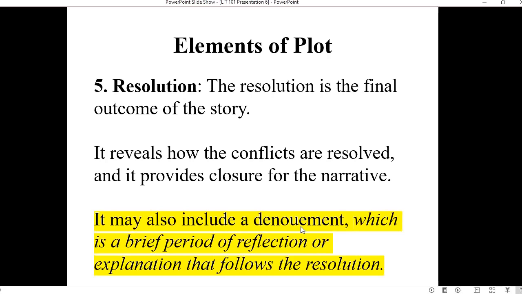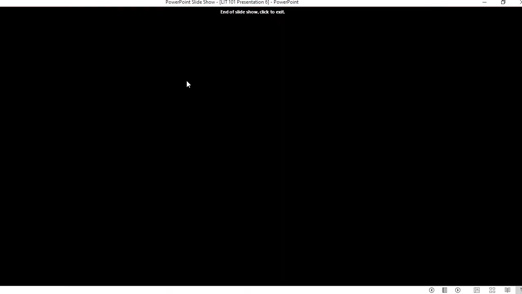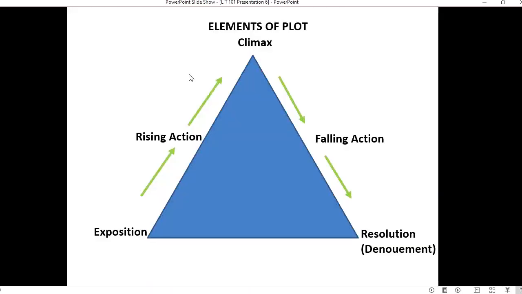So we have looked at the elements of plot, and as I told you, it is the way we see it now. You can see the picture of how it is. It usually appears like a triangle where we have exposition at the beginning.